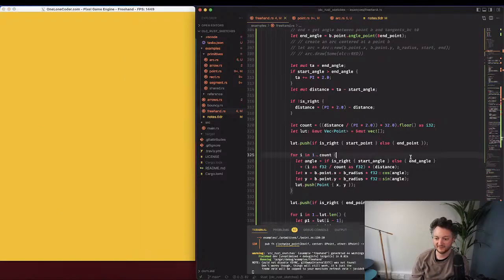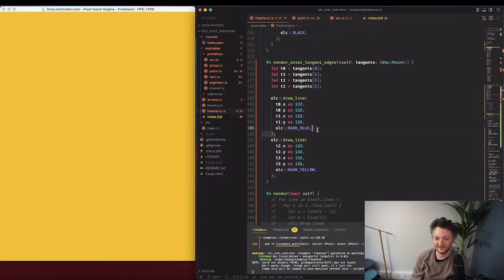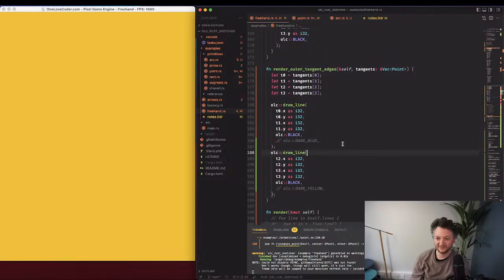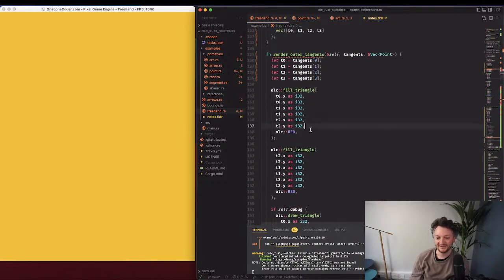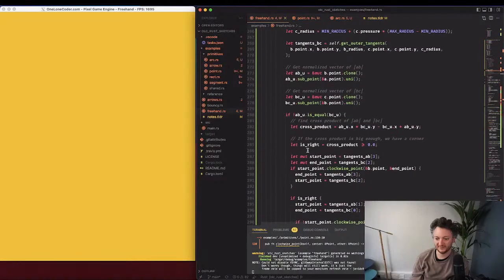So let me switch all these colors to black, just so that we have something nice for Twitter when I post this. And then let's see, black.